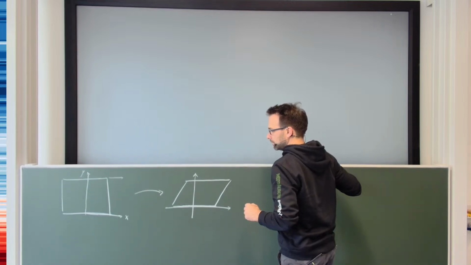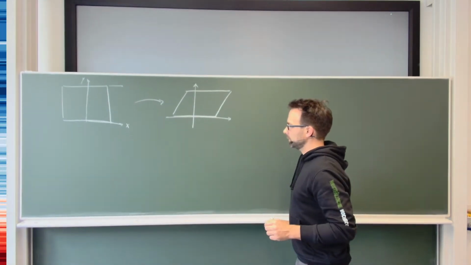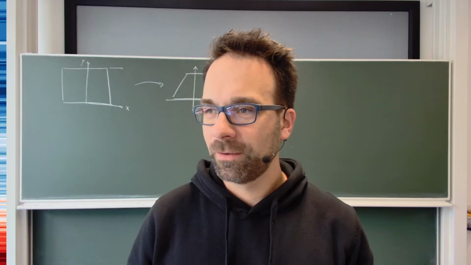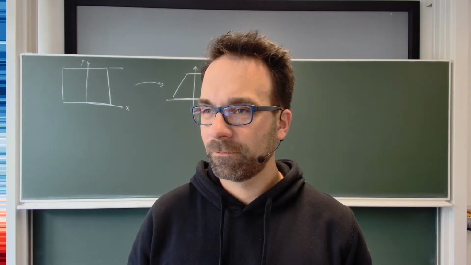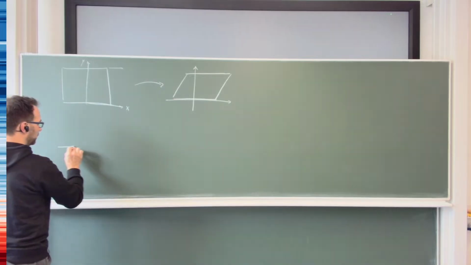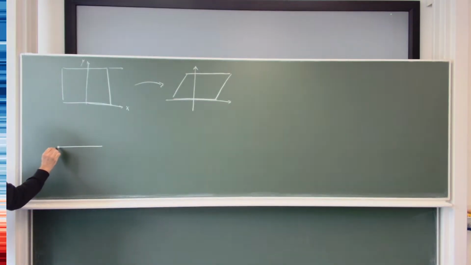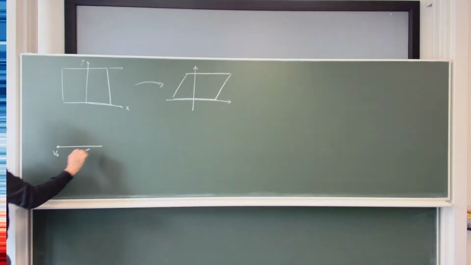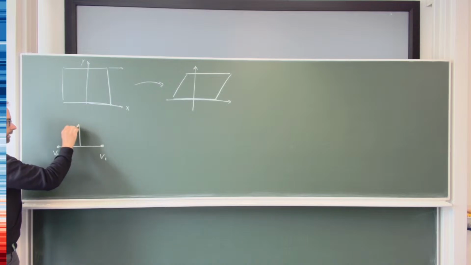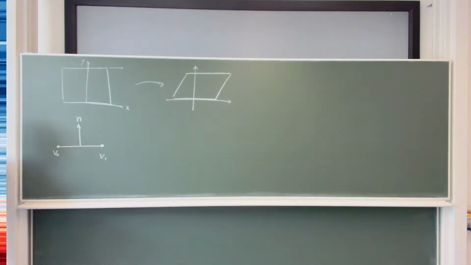And I guess we can do it on this one. What do you know about the normal prior to transformation? So we have a surface, let's say bound by v0 and v1, which has a normal n being defined.